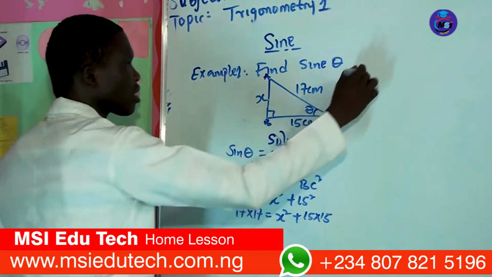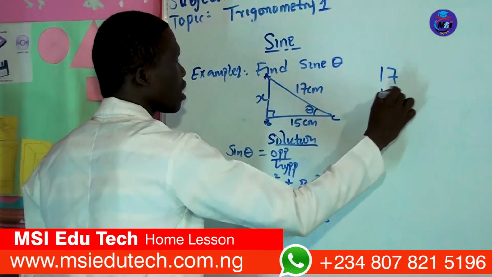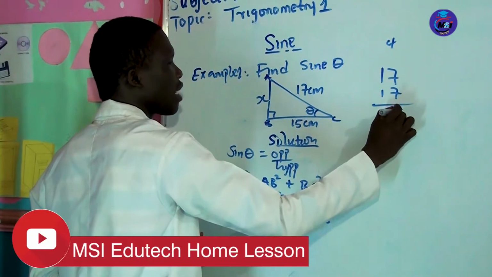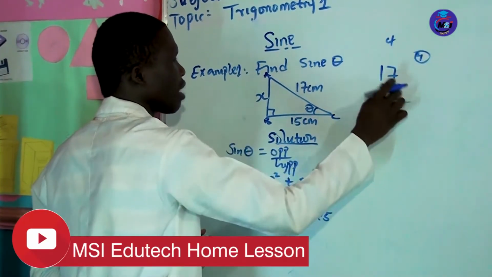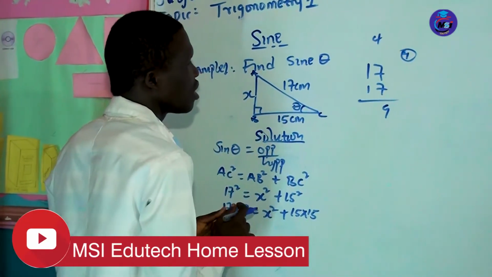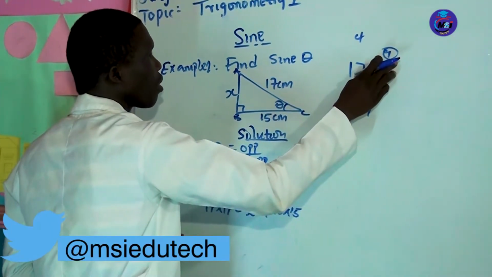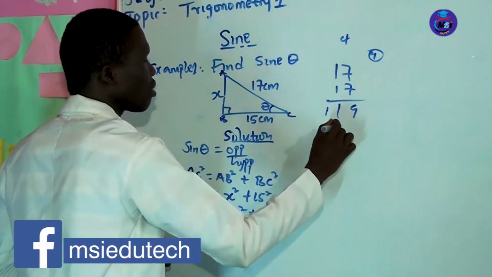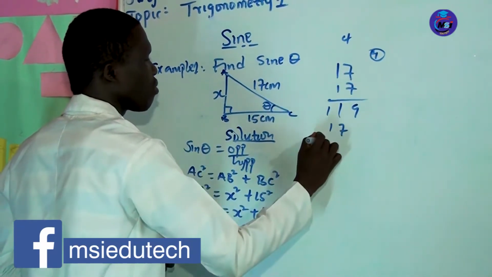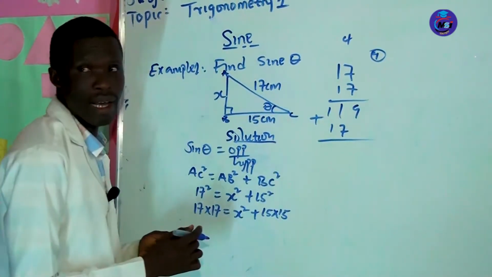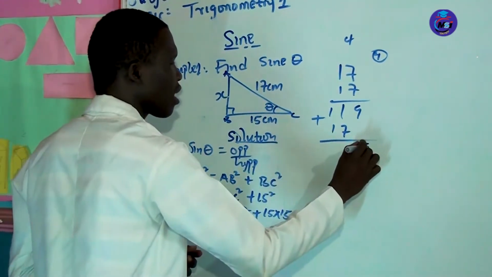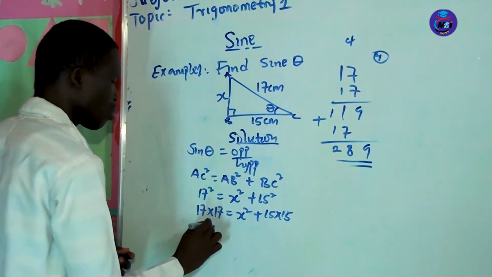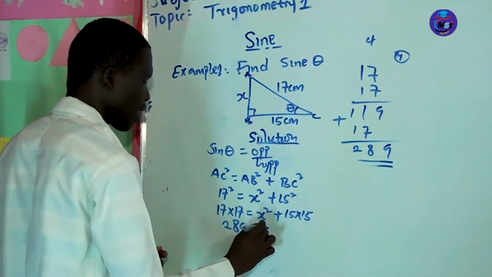Okay, 17 times 17, let's see what we get. 7 times 7 will give us 49. We have 9, remain 4. 7 times 1 will give us 7. 7 plus 4 will give us 11. 1 times 7 will give us 7. 1 times 1 will give us 1. So we add this together. When we add it together, we have 9, we have 8, and we have 2. So we are going to have 289 equals to x squared.